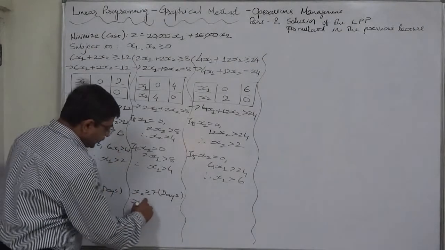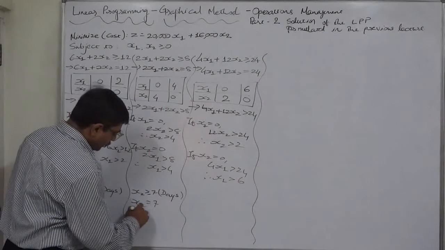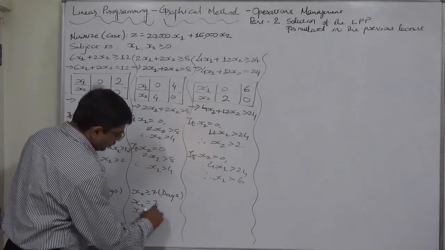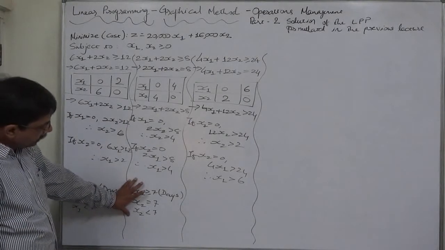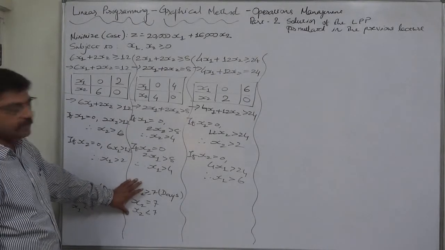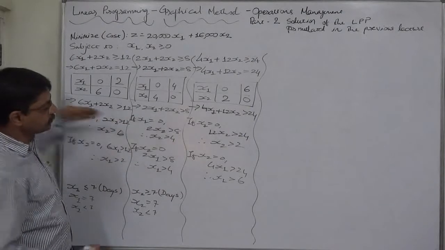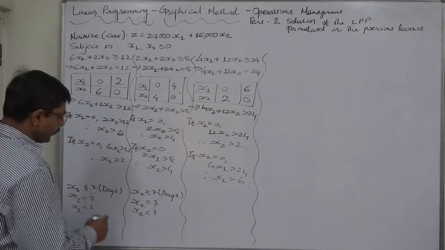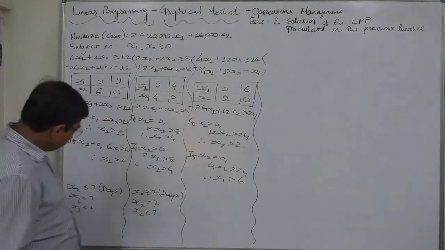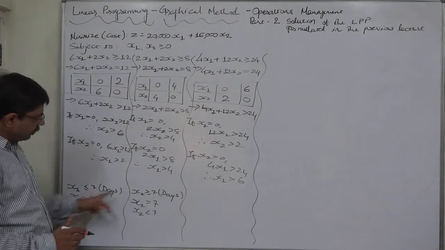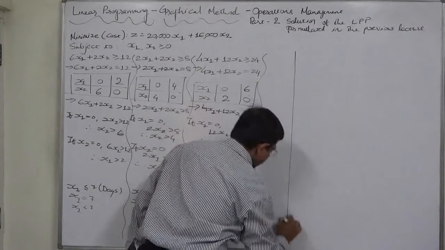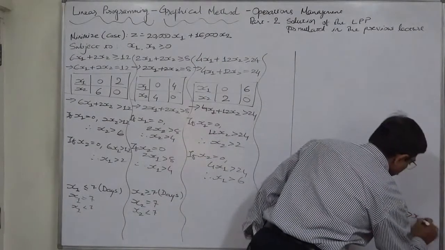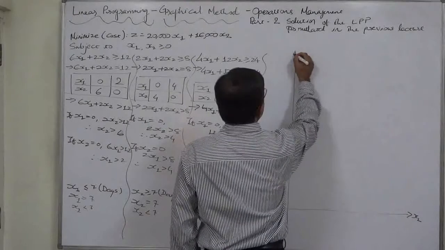Similarly, x2 is 7 or less than 7, and for any value of x1, x2 remains 7 or less. That means the line will pass through x2 equals 7 and it will go parallel to the x1 axis. Since the maximum value required on both the axes is 7, I can draw the sketch of this graph in this very small area also.